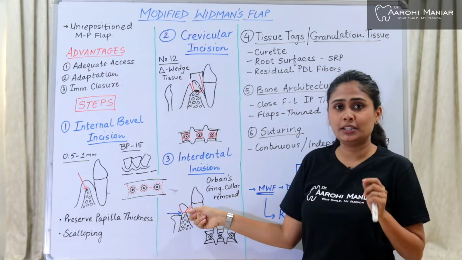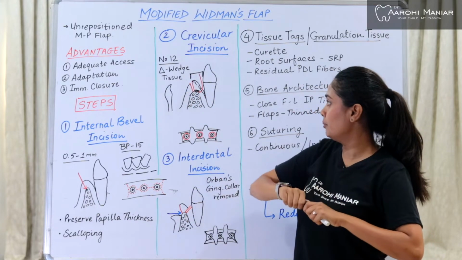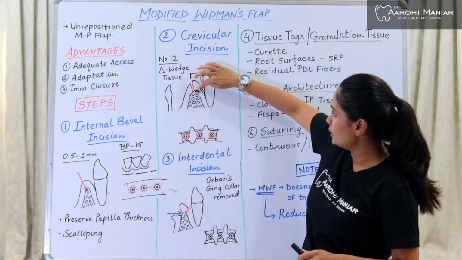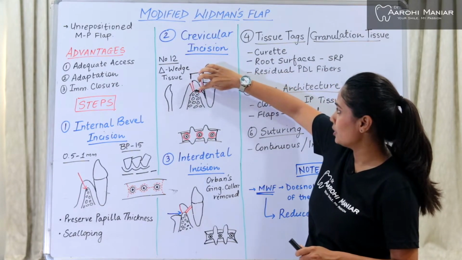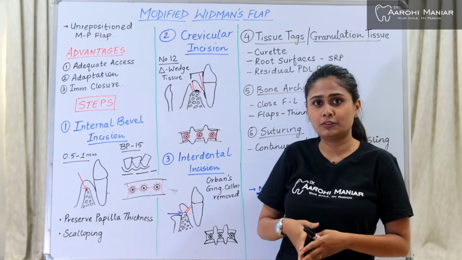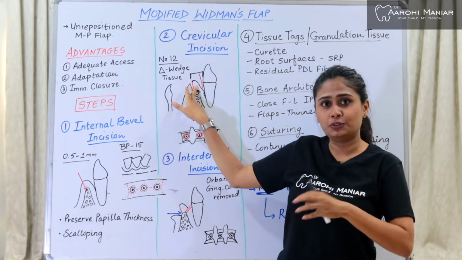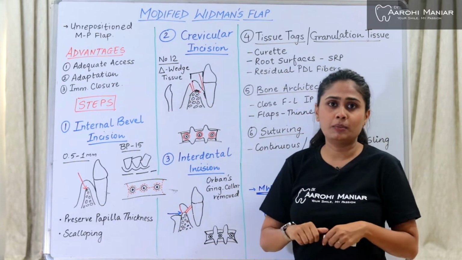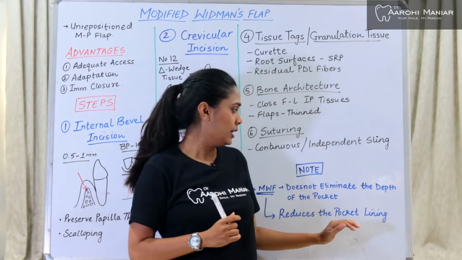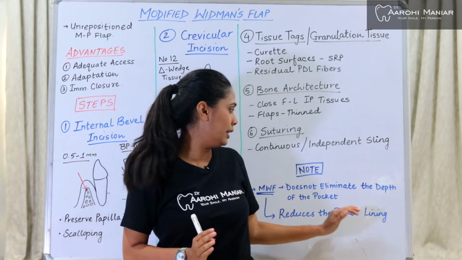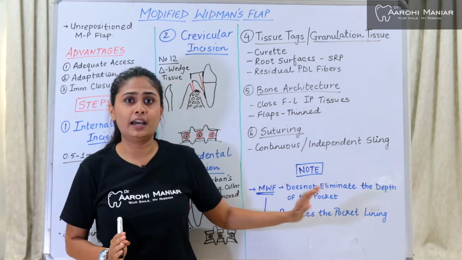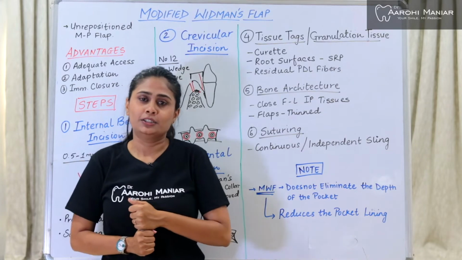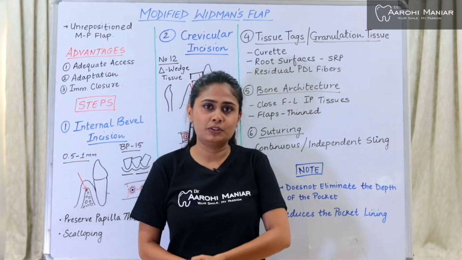We have the depth in every diagram, but what we are able to remove is the granulation tissue. This tissue which has increased the depth of the pocket, this bad tissue, we are able to remove. So that is all about our modified Widman surgery, that we just eliminate the pocket lining and not the pocket itself. So that's all about our modified Widman's flap.